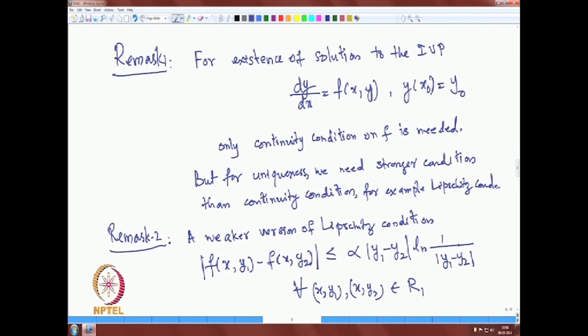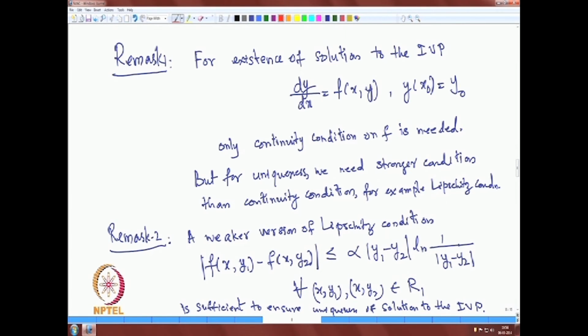A weaker version of Lipschitz condition is sufficient to ensure uniqueness of solution to the initial value problem. But still continuity condition is enough to prove the existence.